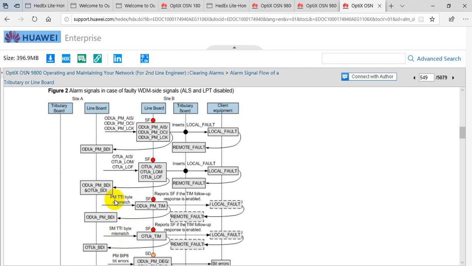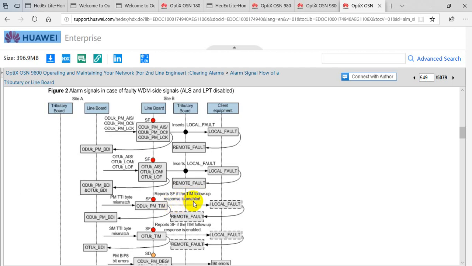So PM bytes are at the ODU layer and SM bytes are at the OTU layer. If I get a TIM, a trail trace identifier mismatch, then this node will trigger the alarm trace identifier mismatch. But the only condition we need to take care of is whether or not the TIM follow-up action is enabled.